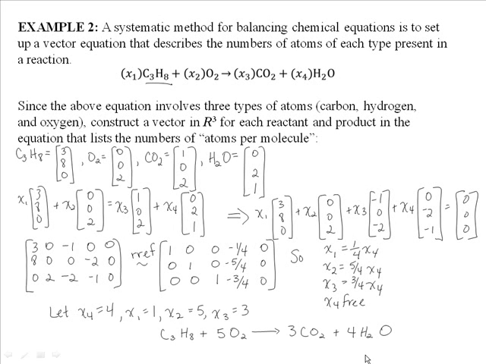You'll notice that the atoms of each element on the left is equal to the number of atoms of each element on the right. And this equation would also be balanced if, say, we doubled each coefficient. But most of the time, chemists prefer to use a balanced equation whose coefficients are the smallest possible whole numbers they can be.